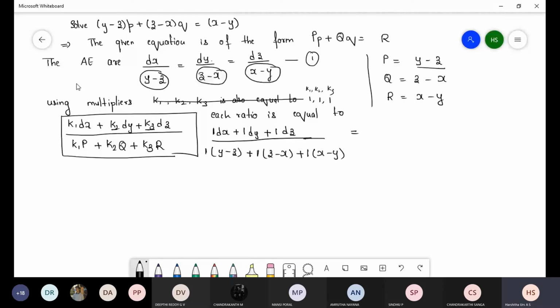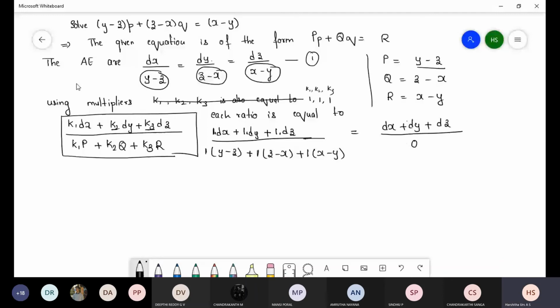With multipliers 1, 1, 1, that is equal to 1 into dx is dx plus 1 into dy is dy plus 1 into dz is dz divided by, adding the denominator now, the denominator will be 0.